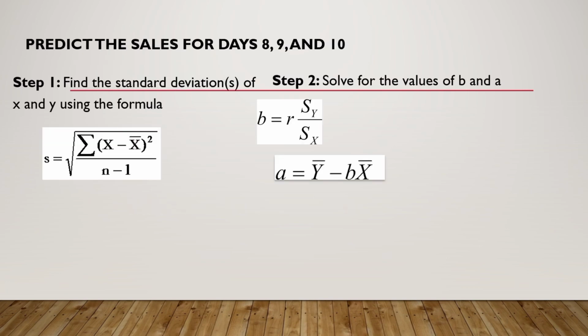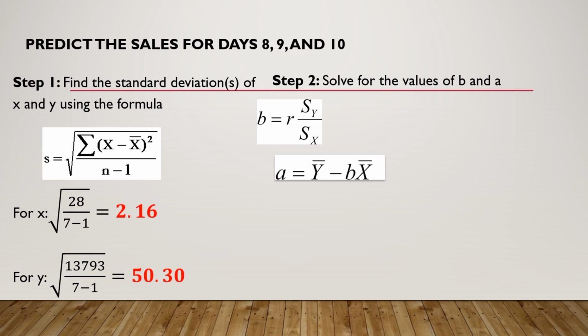Now if we want to predict the sales for days 8, 9, and 10, we have to get the linear regression equation and solve for the y hat. Same procedure. Step 1, find the standard deviation of x and y using the formula. For x, we have the square root of 28 over 7 minus 1, that is 2.16. For y, that is the square root of 13,793 over 7 minus 1, that is 50.30.